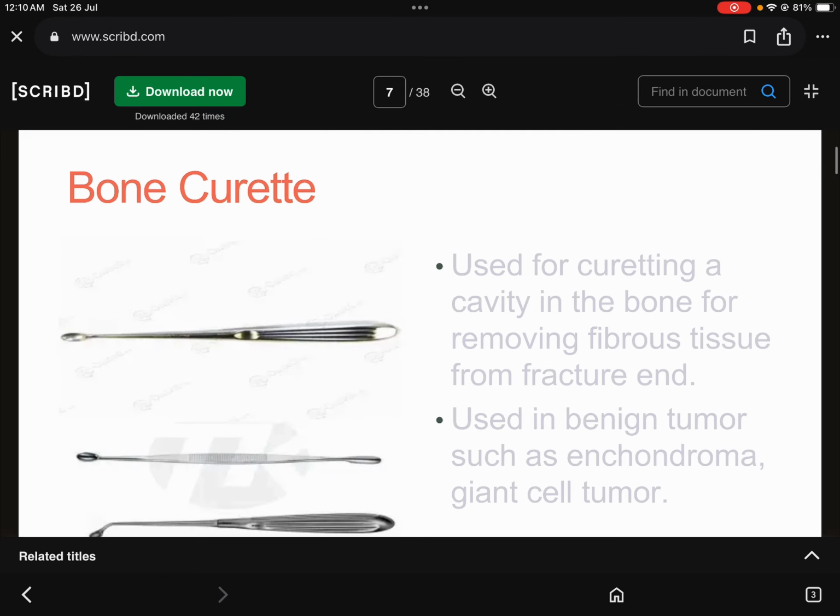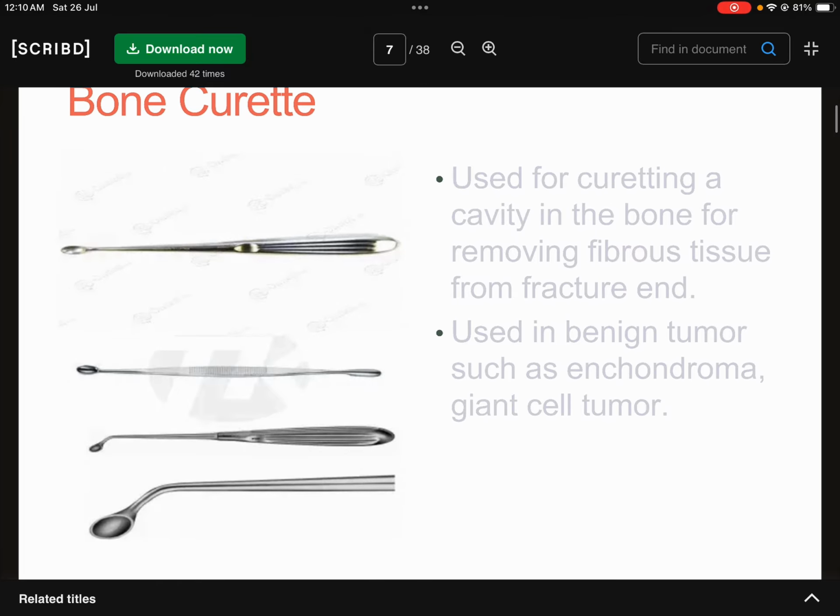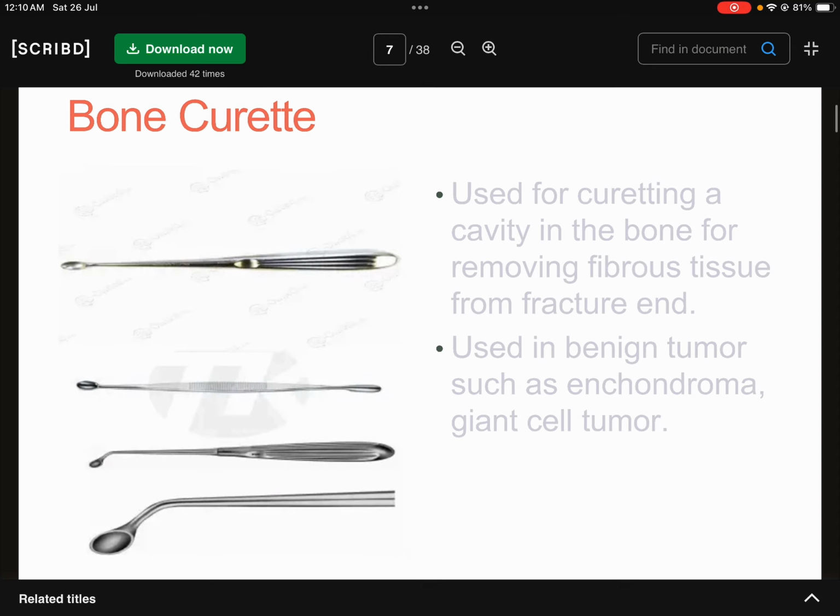This is the bone curette. At the end, there is a spoon-type structure, and this is the handle. This instrument is used for cutting a cavity in the bone, or to curette a giant cell tumor, osteochondroma or any benign tumor.